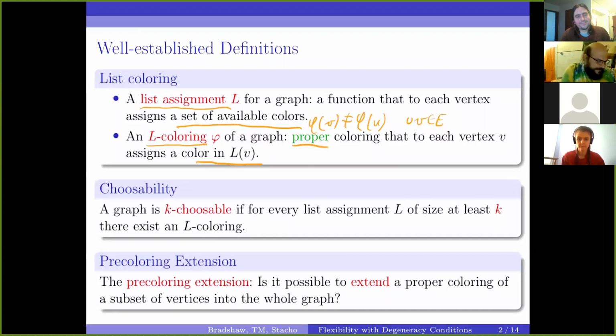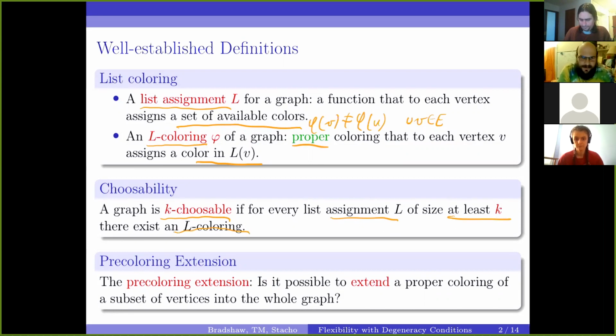One of the classical notions in graph coloring from the 70s or 80s is choosability. We say that a graph is k-choosable if for every possible list assignment of size at least k, there is some L-coloring.